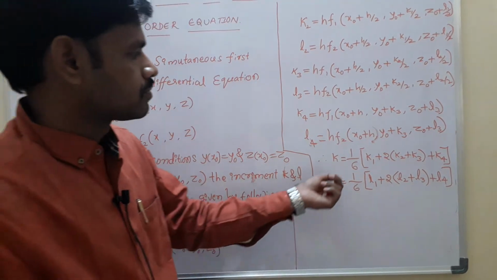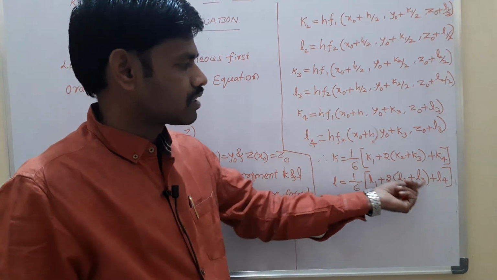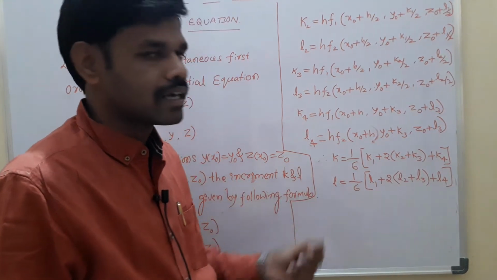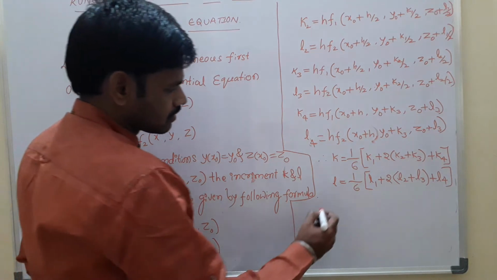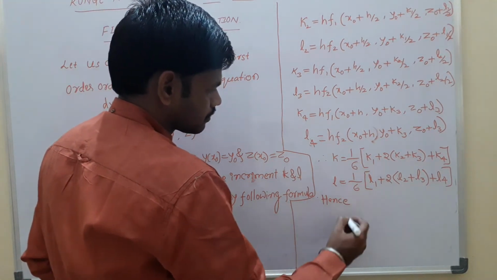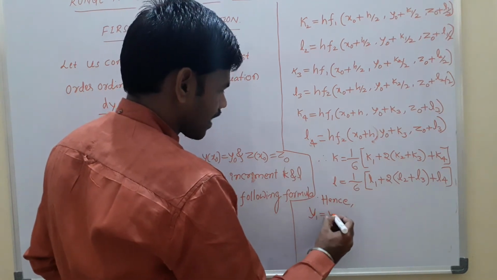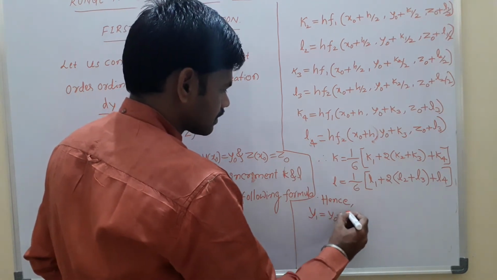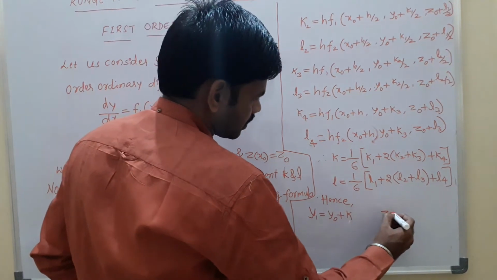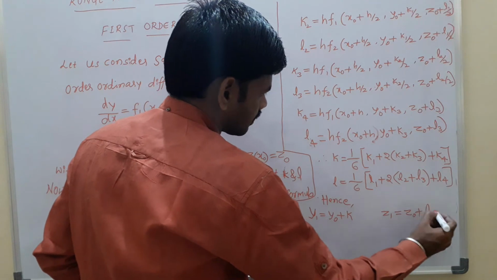So finding these values we get the k and finding L1, L2, L3 and L4 we get the L. Hence y1 equal to y0 plus k and z1 equal to z0 plus L.